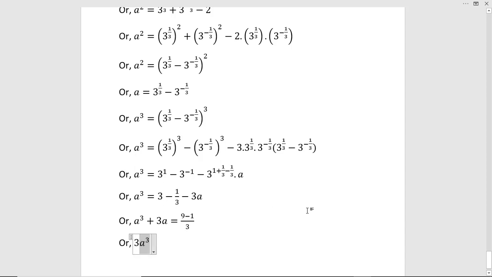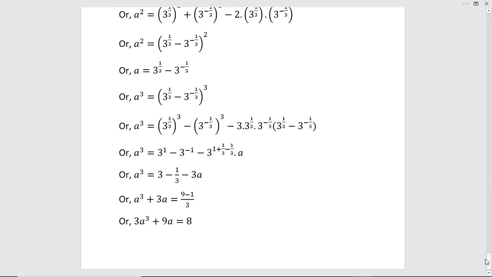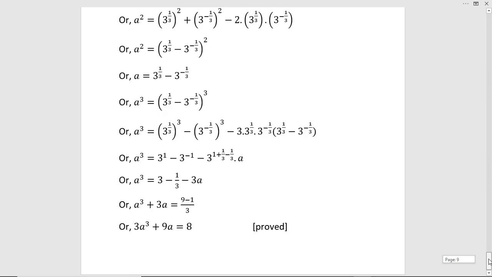Now adding the fractions, we will get 9 minus 1 by 3 here, and then if we multiply by 3 on both sides, we will get 3a cube plus 9a, and 9 minus 1 equals 8 here. So here it is, which was targeted to prove. So we have proved that 3a cube plus 9a equals 8.